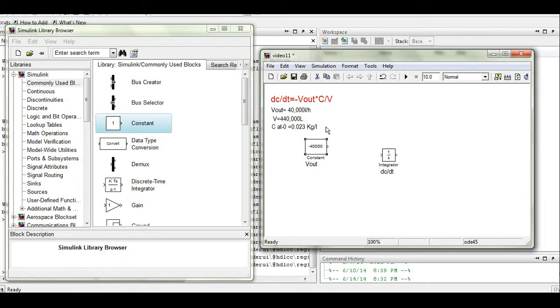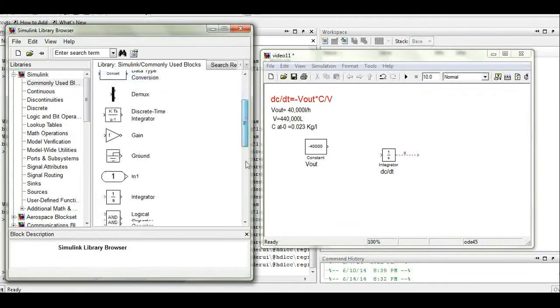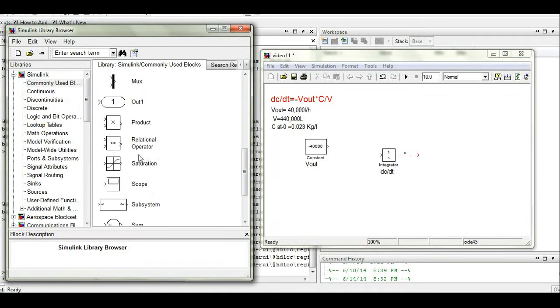Then times the concentration. How can you get these values although you need them? You should notice that the integrator will give us the output. If you have dC by dt, it will give us C. So we want C, but it's multiplication. We need a multiplication sign. Here we have the product block, you insert it here.